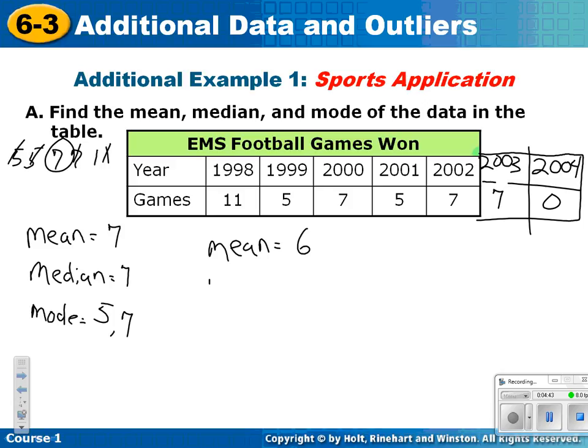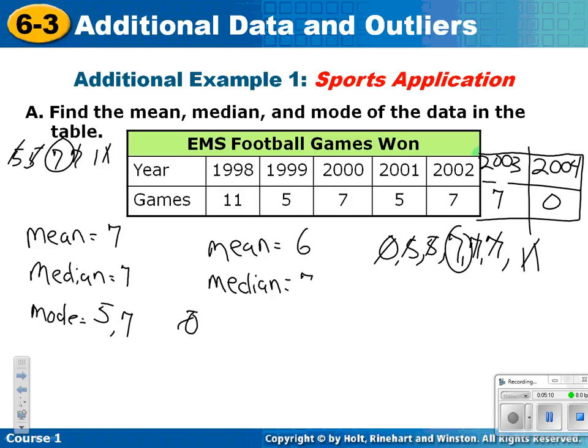Our median is, now we have to do 0, 5, 5, 7, 7, 7, 11. So we cross off. Still 7. Our mode is 7.